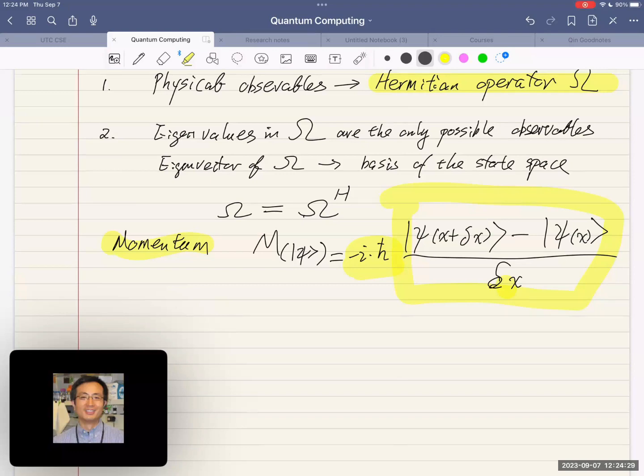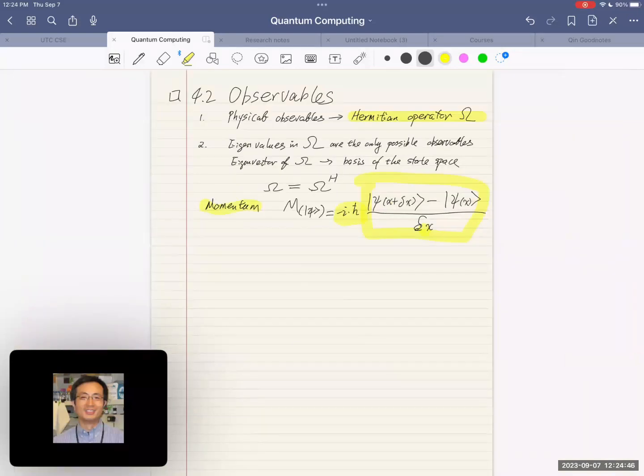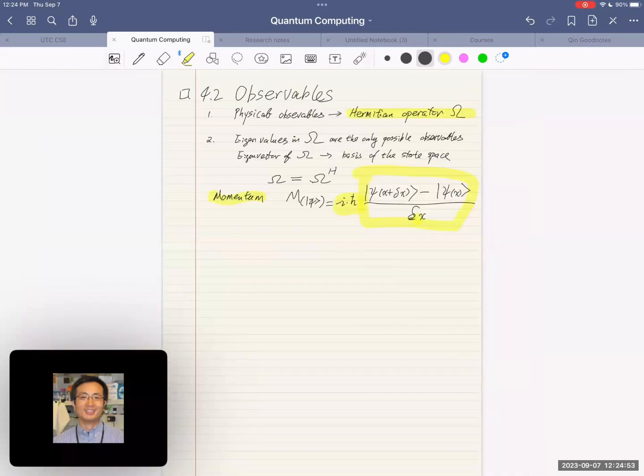But in the quantum system, this is the definition. So even though each particle is a dot in the classical system, we can still consider the difference between the states, delta x, as the moment. In the quantum world, many things are different from what we often learn in classical physics and classical math. That's the observable we went over last time.